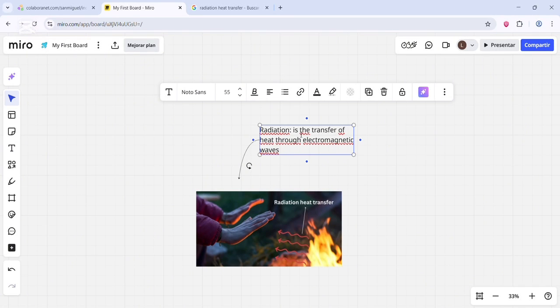In radiation, there is no contact or medium needed. Hot objects give off infrared radiation which can travel through space or air and be absorbed by other objects. So this example is very clear because it says infrared radiation can travel through space or air. In here it is traveling through air and absorbed by the hands of this boy.